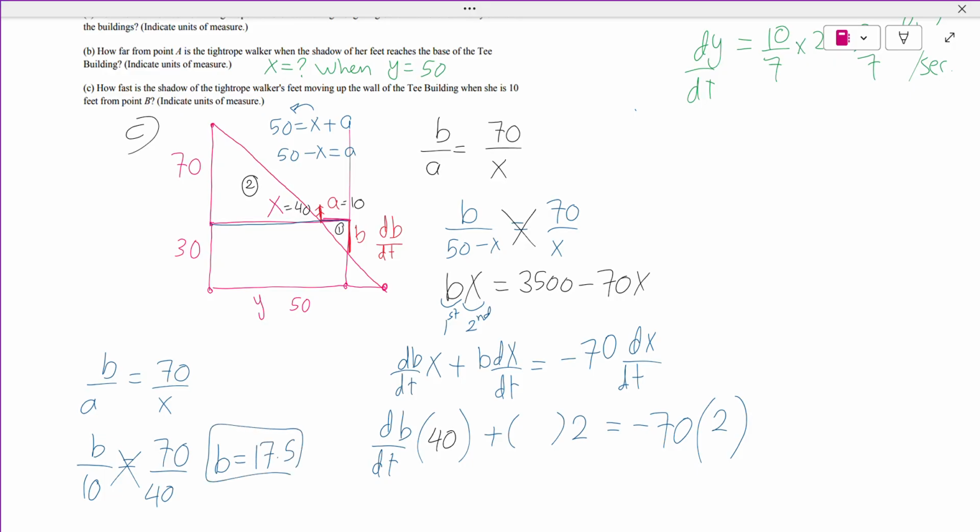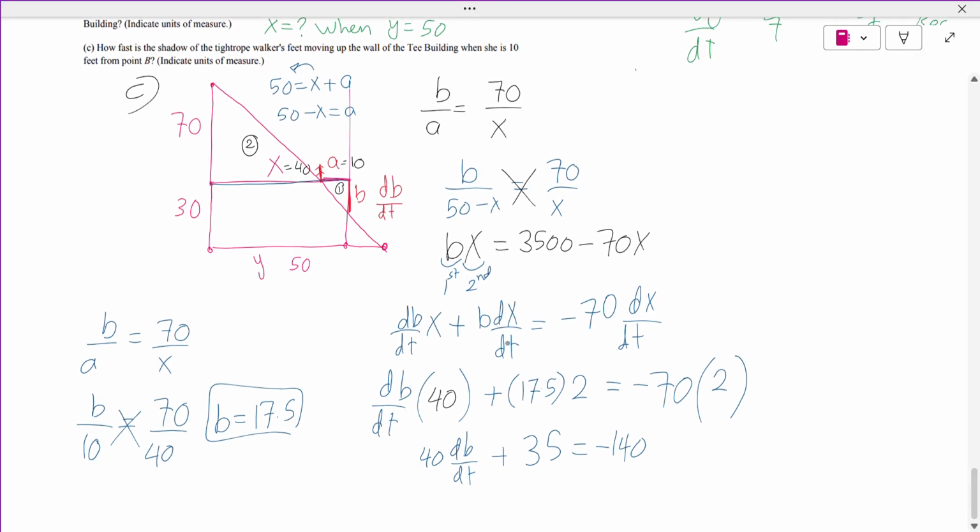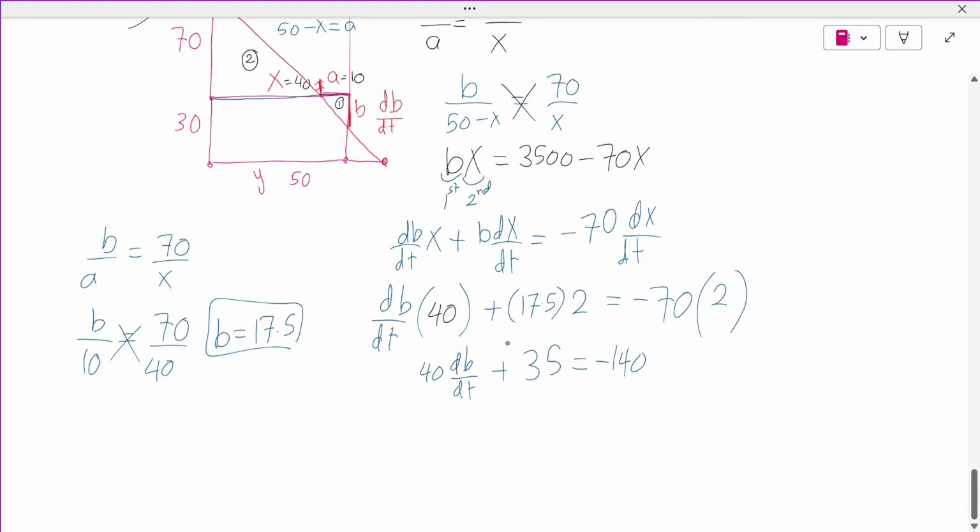After finding B equals 17.5, just put it here and then you can solve now. So this is 40 dB over dt plus 2 times 17.5, which is 35, equals minus 140. So solve this one for dB over dt.